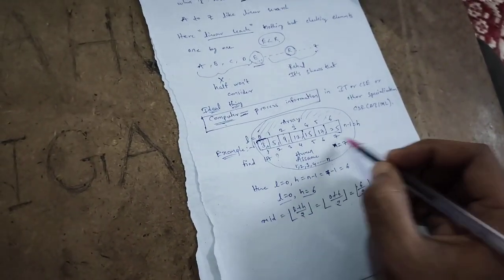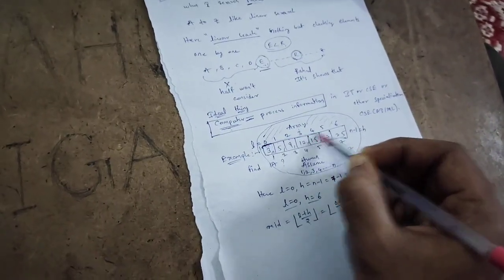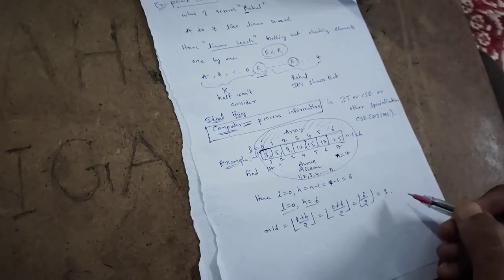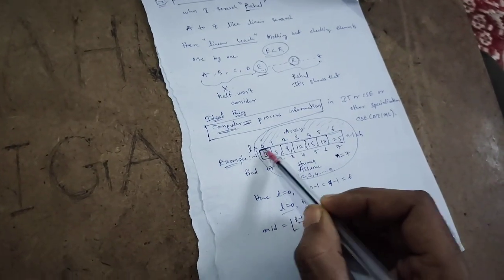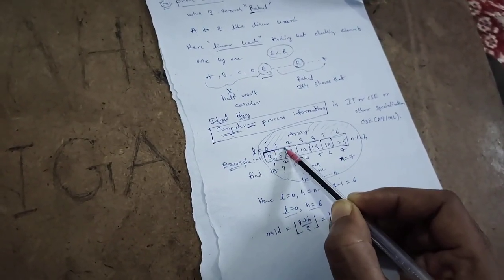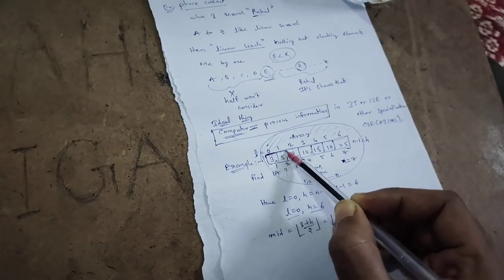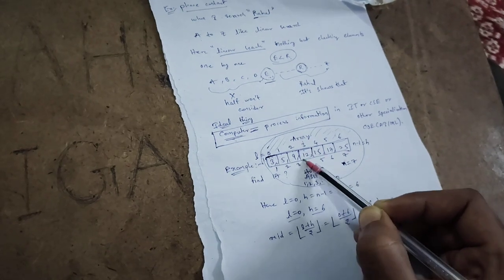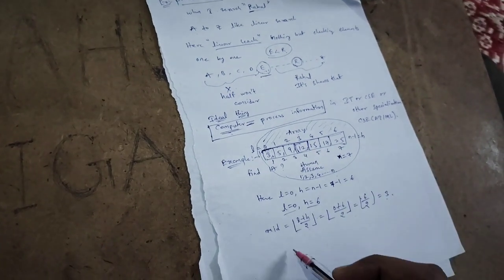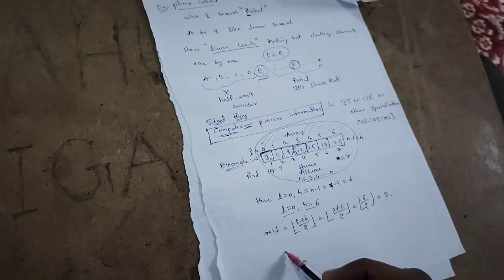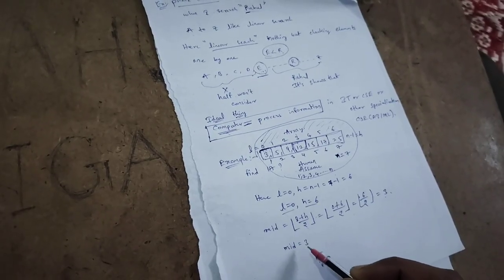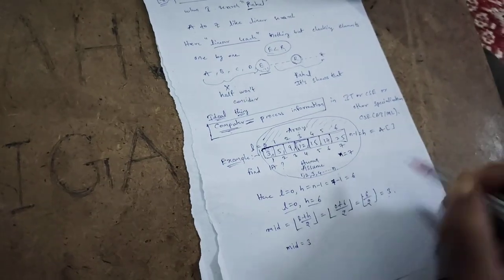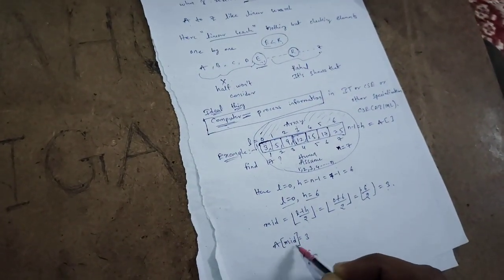So the computer gets 3, so mid equals 3. The array is A, here A[mid] equals 3.